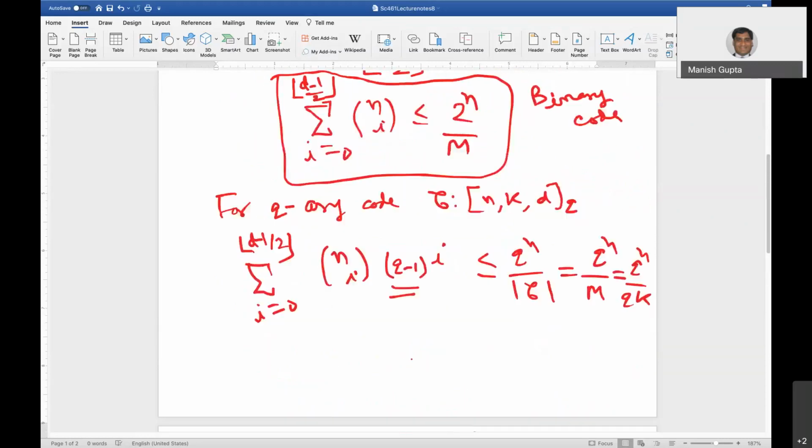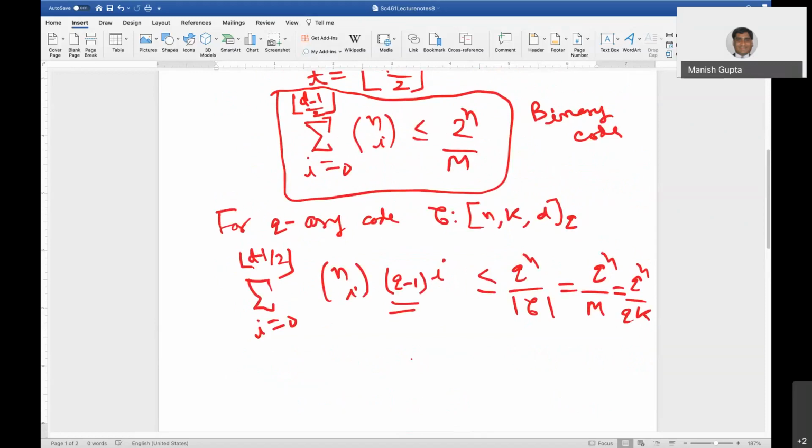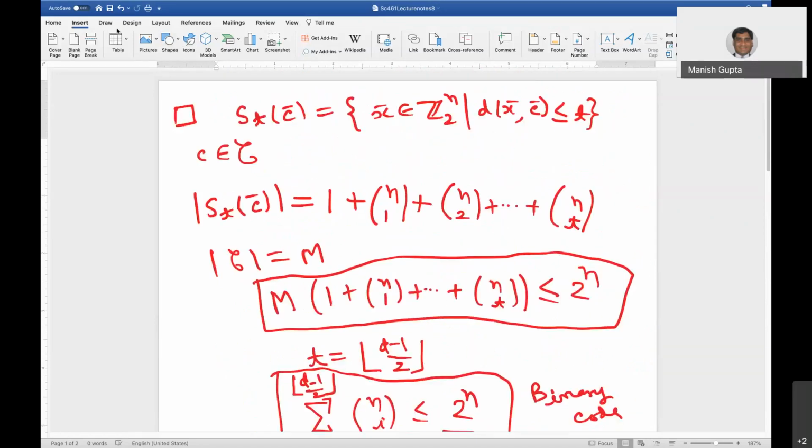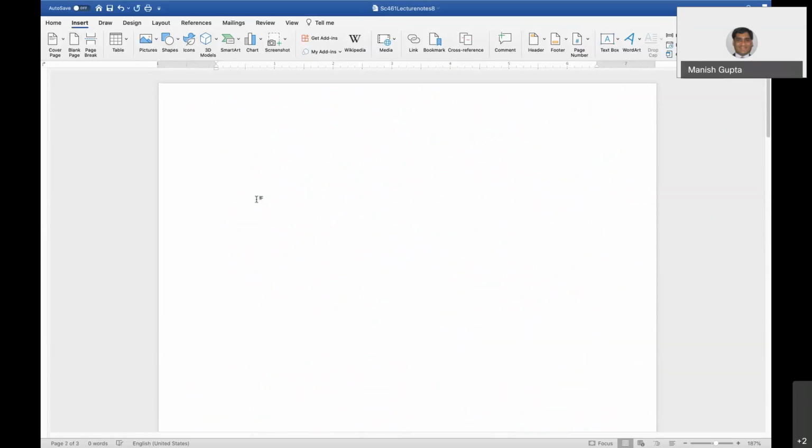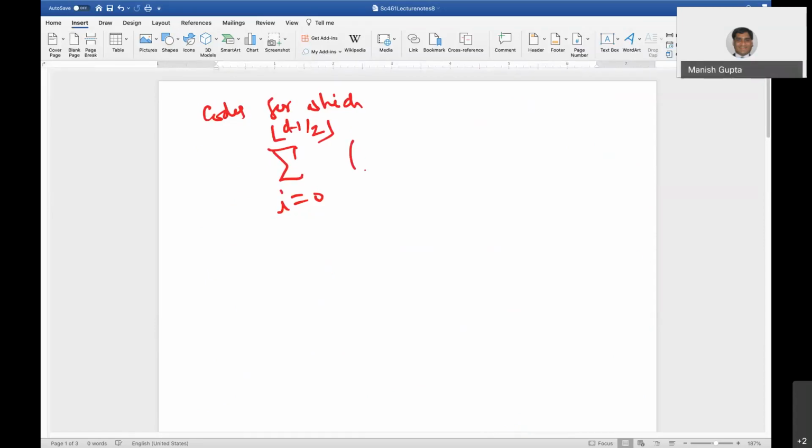Codes which meet this bound with equality. So this bound is nicely written as: for codes, we have the summation over i equal to 0 to (d minus 1) by 2 of n choose i times (q minus 1) raised to the power i, less than or equal to q raised to the power n minus k, right?